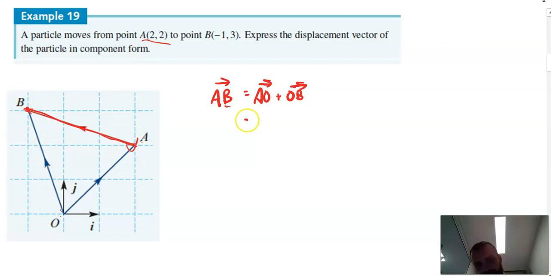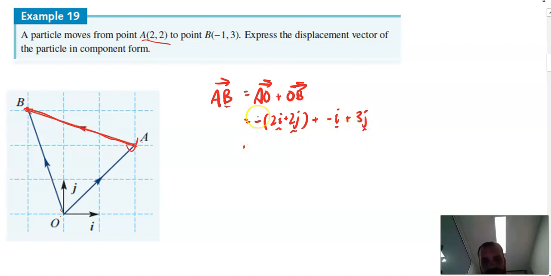So the reverse of OA is AO, which is going to be -2i - 2j. And then we're adding our second vector here, which is -i + 3j.